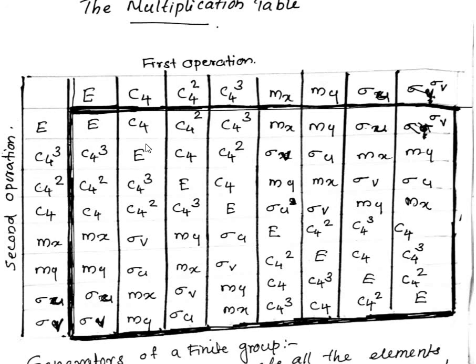So first you operate c4 on the a b c d, then you have to do c4 cube on that. So you will get the identity element e. Likewise you can do all the operations.